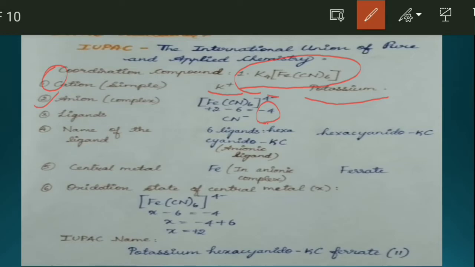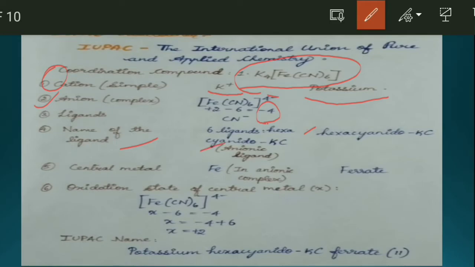Next we are going to see how to name the ligand. See, how many ligands are there? 6 CN ligands are present. So as said in the before video, 6 means hexa. It is an anionic ligand, so cyanido.